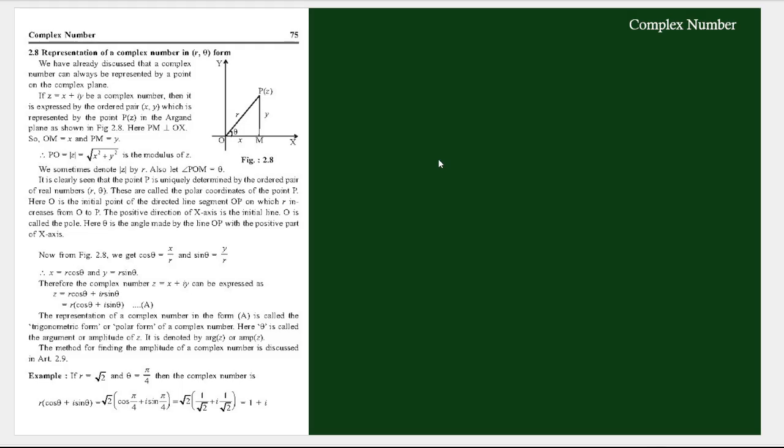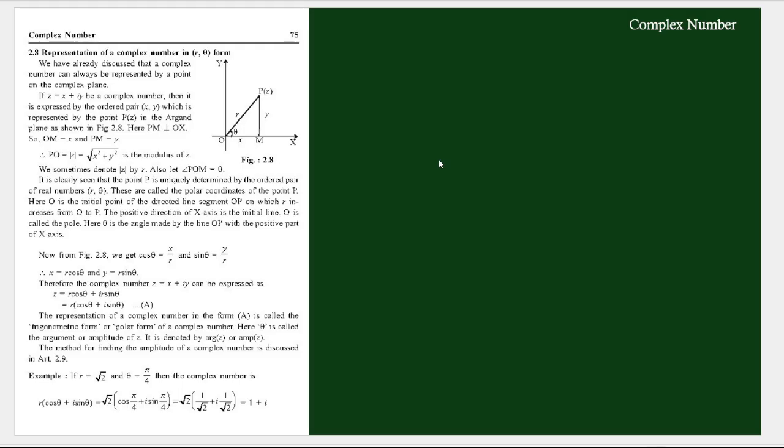We have learned that a complex number can be plotted like on a coordinate axis, on a coordinate plane, and that coordinate plane is called your Argand plane.